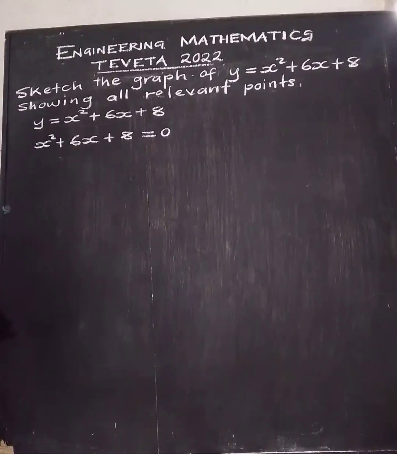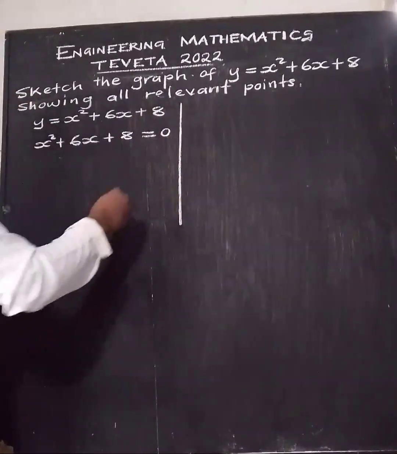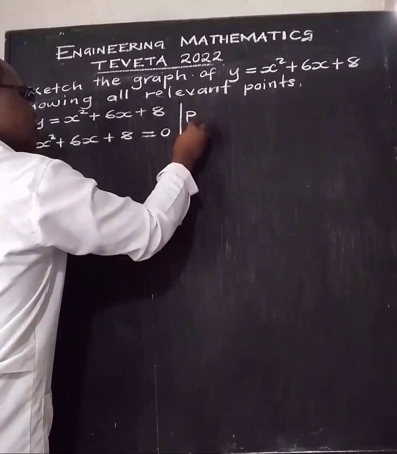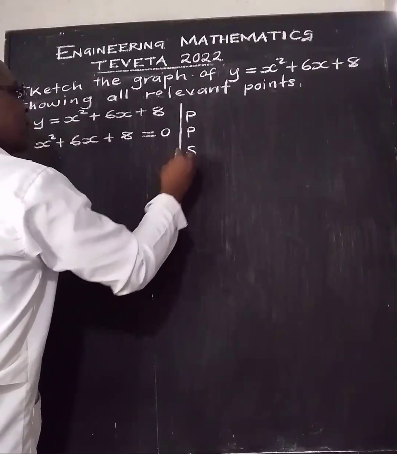So now how do you solve this quadratic equation? Number one, we're going to find the product, the sum, as well as the factors.